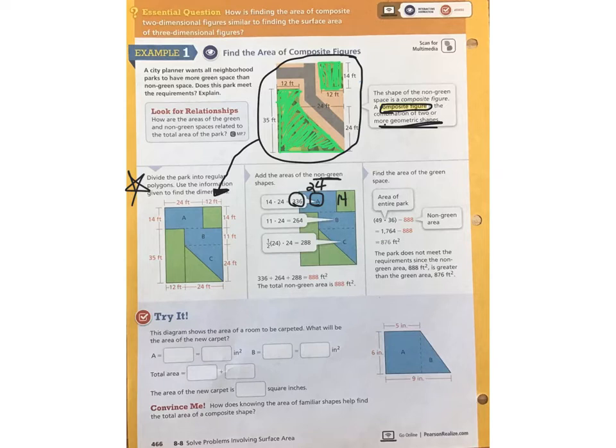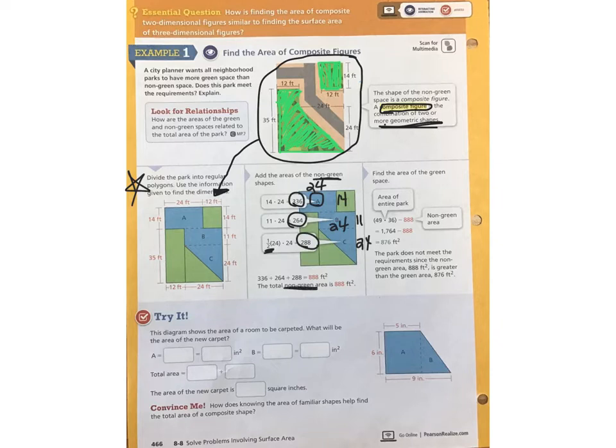For rectangle B, you have 11 by 24, and 11 by 24 is 264. And then for triangle C, you have dimension height of 24, but remember for triangles you have to take half of the length times the width, so it's half of 24 times 24, which is 288.